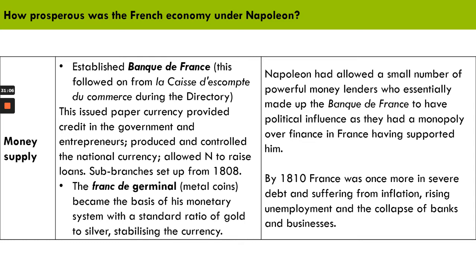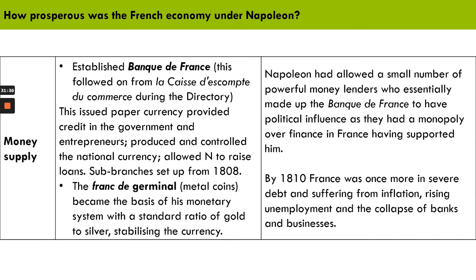Now there are some downsides here, because clearly these financiers are going to have quite a lot of influence. They'd supported Napoleon becoming first consul in 1799, and these small money lenders do have quite a lot of influence, and he's beholden to them to a certain extent. And when at one point they lend out too much money, there's a banking crisis, which puts the French state in a difficult position.